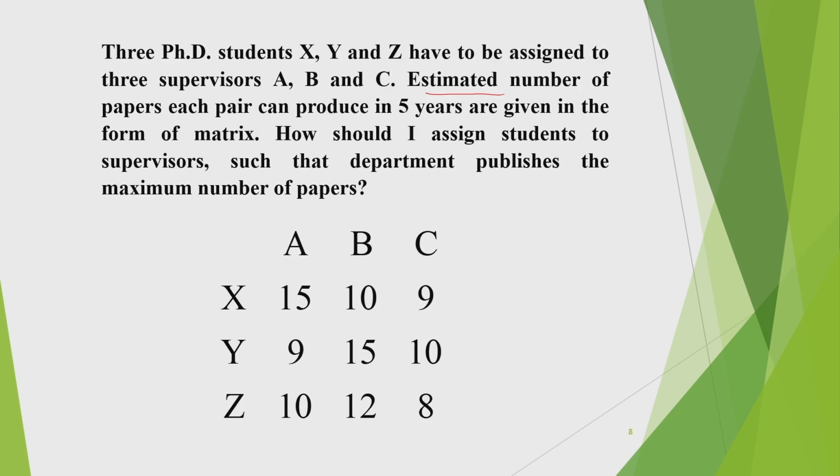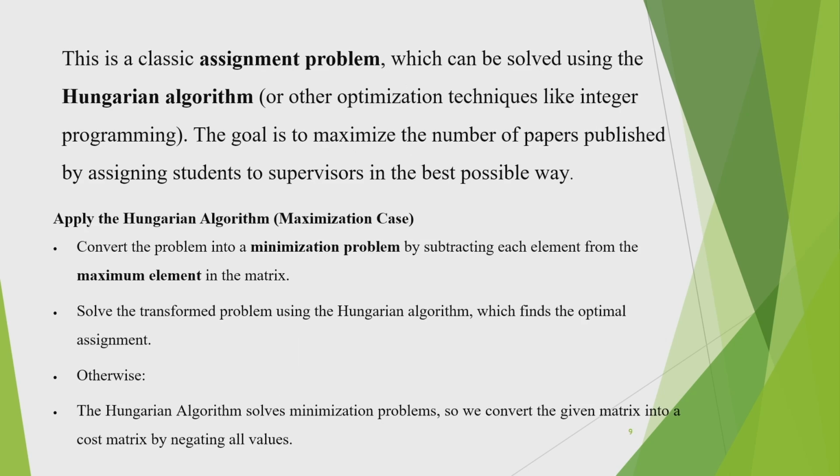That means the maximum element is here, suppose, 15. So subtract 15 from everywhere. So suppose he publishes 9 papers, then it will be only a type of penalty. So solve the transformed problem using the Hungarian algorithm which finds the optimal assignment.